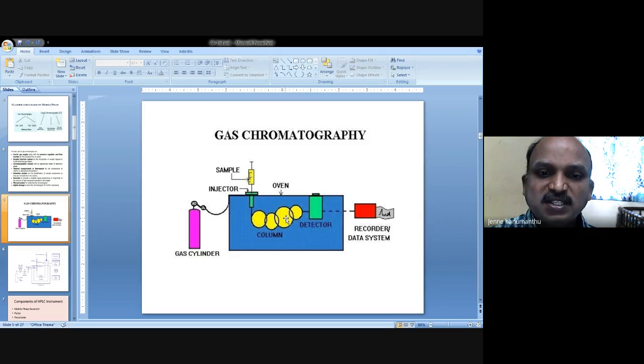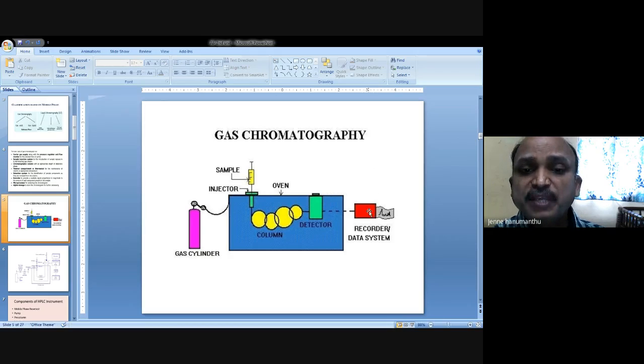But the elements in the mixture having non-polar property will reach the detector first. Whatever components are available in the column, they will reach first, second, third.